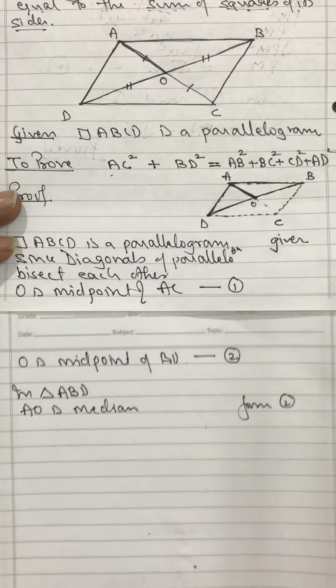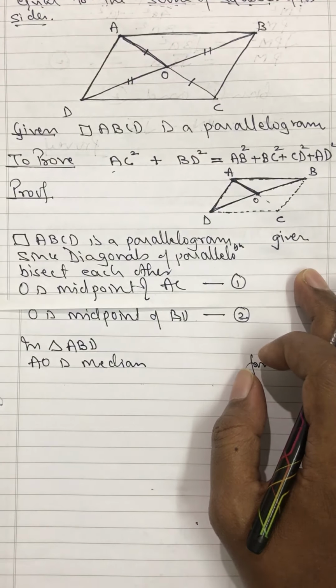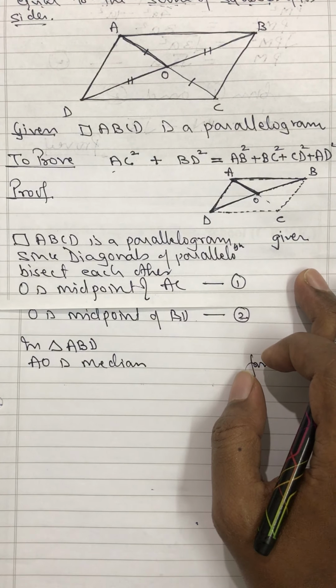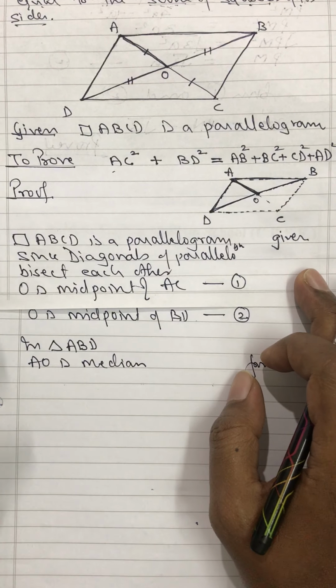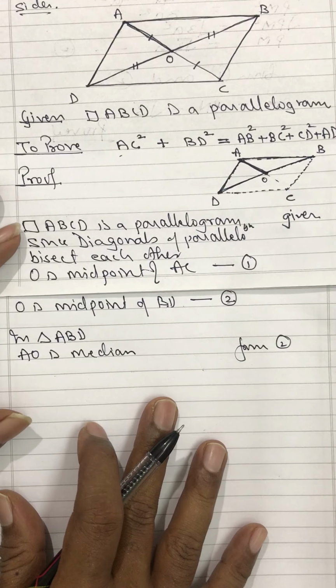All these things will be needed, my dear students. You can't just take the triangle and apply the Apollonius theorem, because the theorem demands a median. You will first have to prove that a median exists, and this is the way in which you are supposed to explain it.